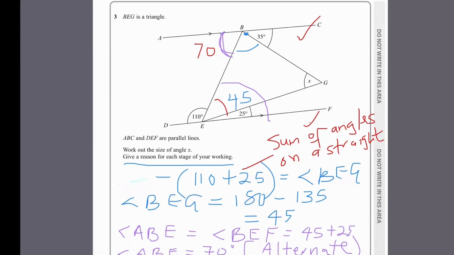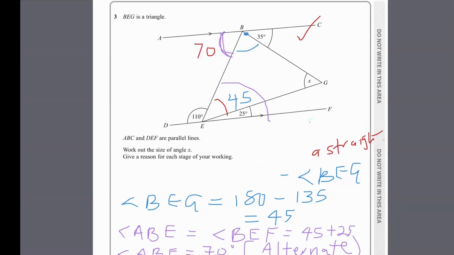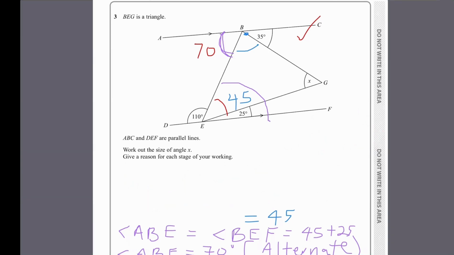Now, to find the angle EBG, it is clear that the angles here, from here to here, are also on a straight line, and they should all add up to 180. So the angle shown with the blue tick, which is what we want to find, should add up with 70 and 35 to give us 180.